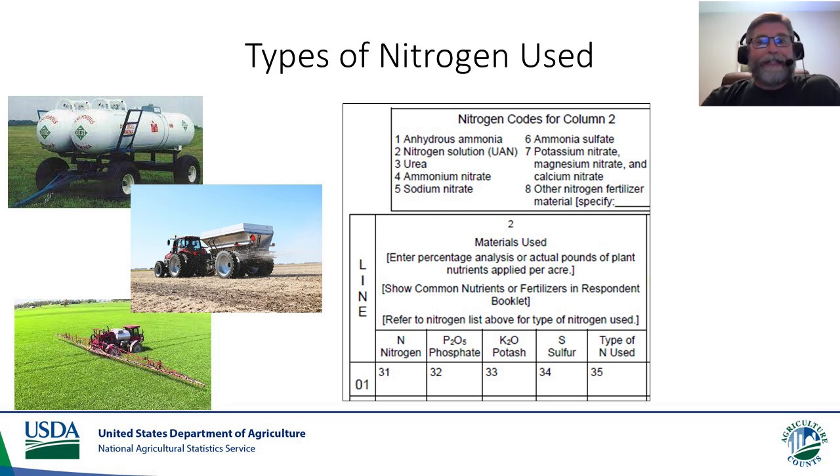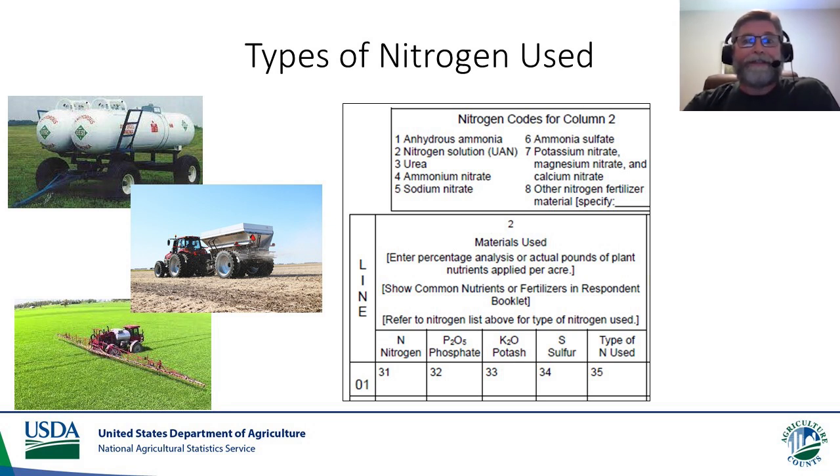Sodium nitrate is a dry product, it's 15-0-2. Number 6 is ammonium sulfate, it's dry, 21-0-0-24. Potassium nitrate is dry, it's 13-0-44. Magnesium nitrate is a dry product, it's 10-0-0. And calcium nitrate is dry, 15-0-0. And number 8 is another.